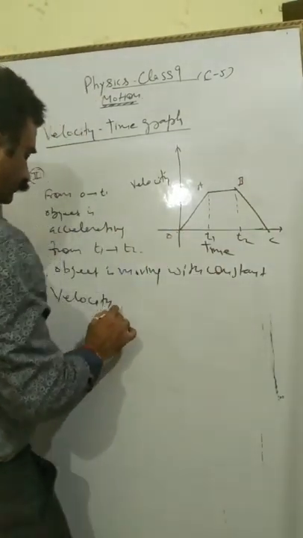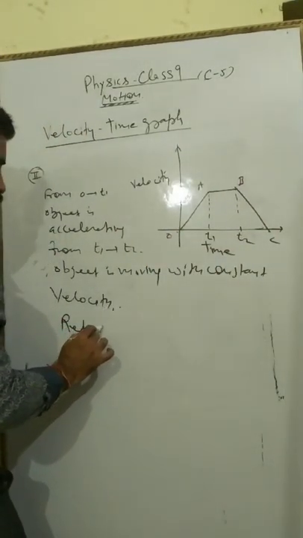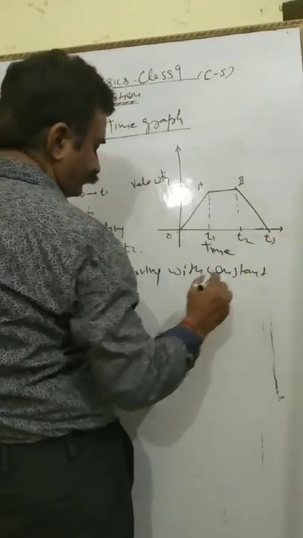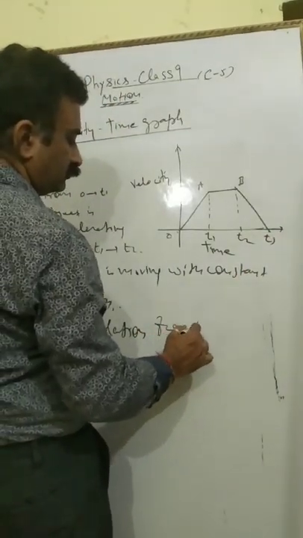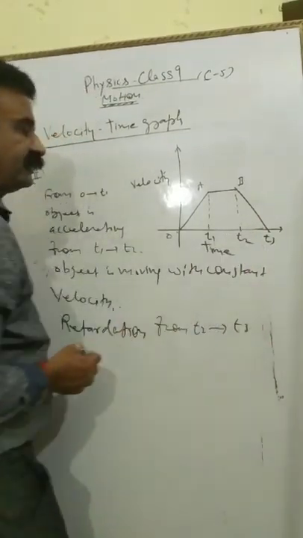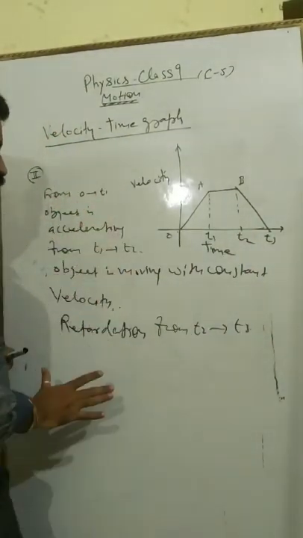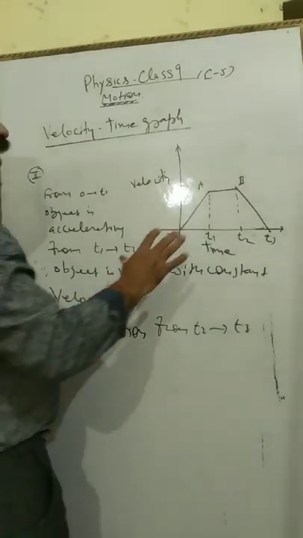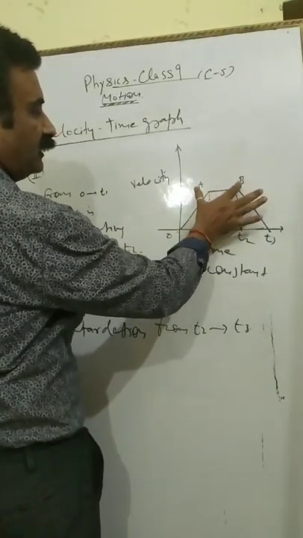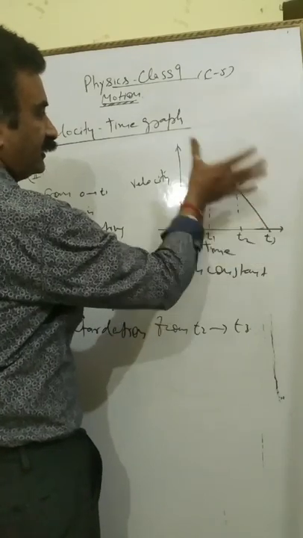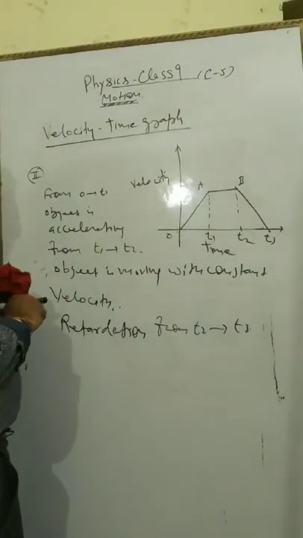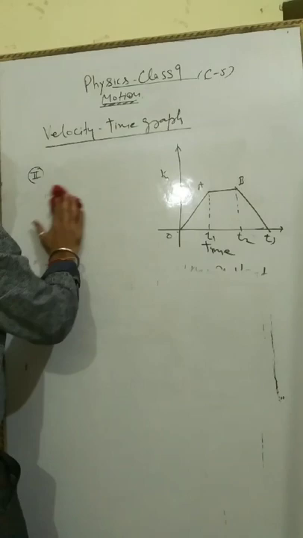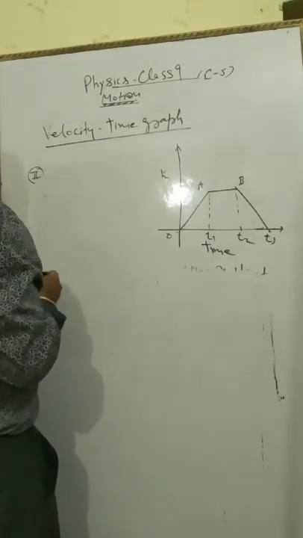And in the last part, from t2 to t3, the object is having retardation. So for the different parts I have 3 pieces of information: accelerated motion, then constant velocity, and here the retardation. The other thing, we can find this was part of the acceleration which I told you earlier.